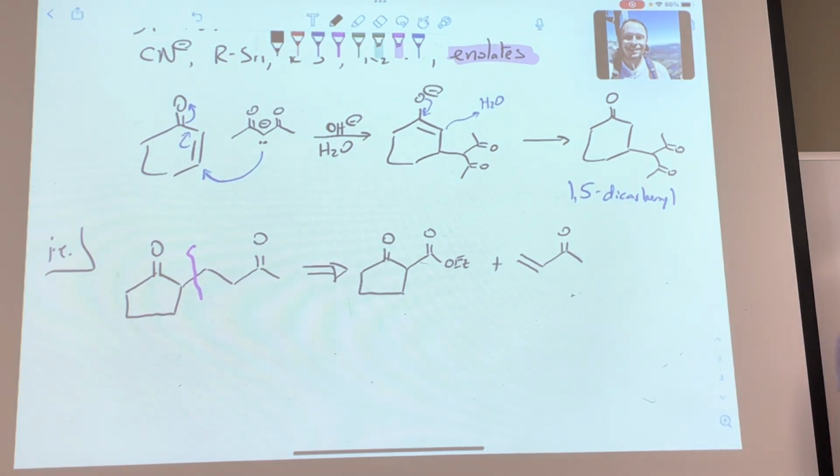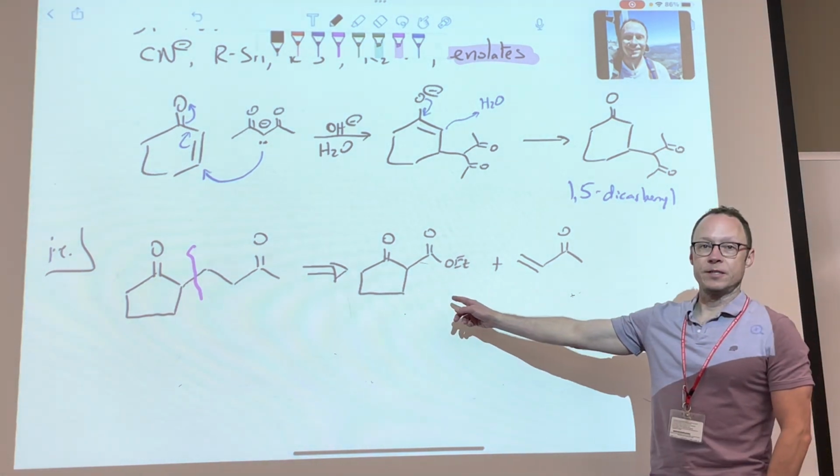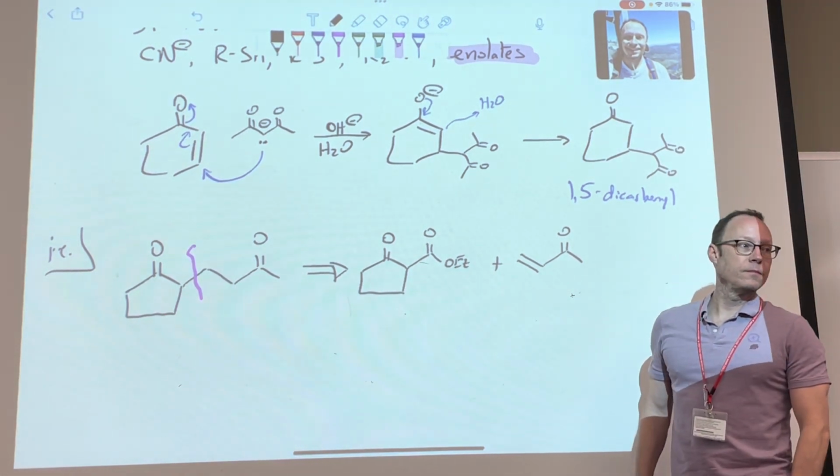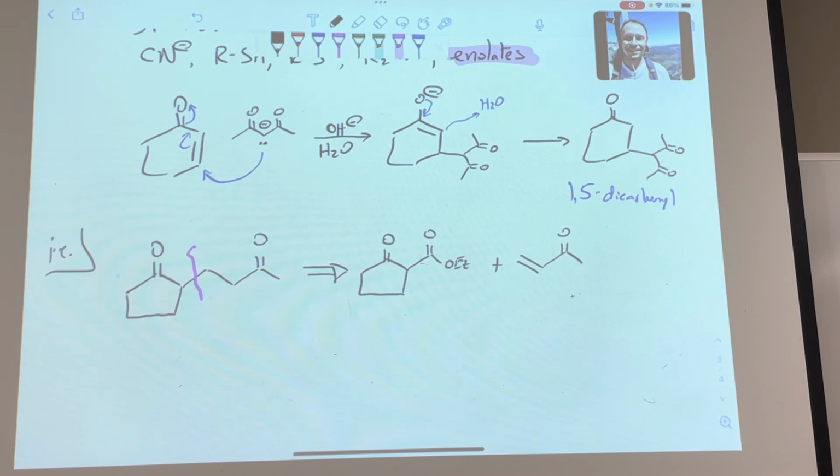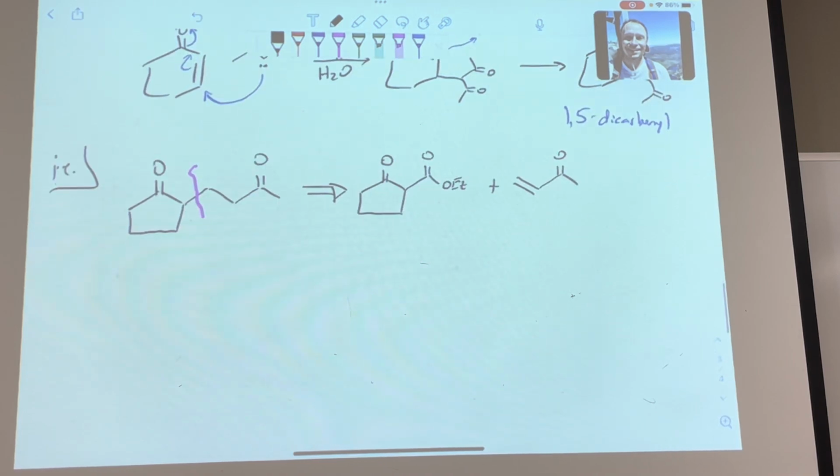What reaction gives beta keto esters? Yeah, exactly. This we could make through Dieckmann cyclization. So all of these reactions kind of build on each other. All right, let's look at another one.